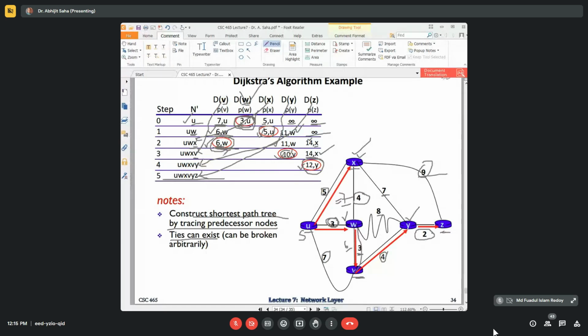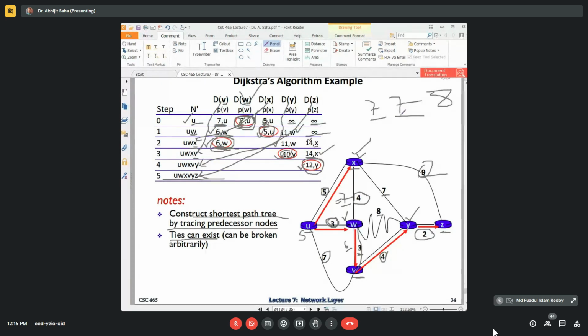Ties means what? Say that for v it is coming 7, and for u also it's coming 7, and say that it is coming 8. Among these three values, 7, 7, 8, two values are the same.